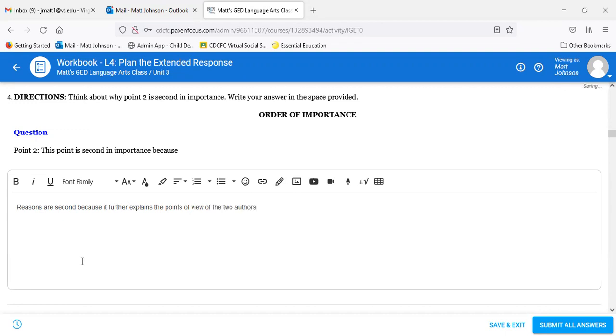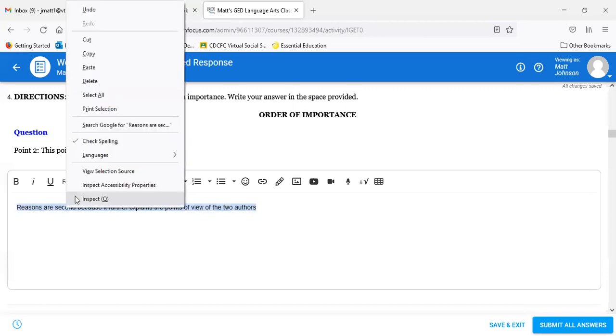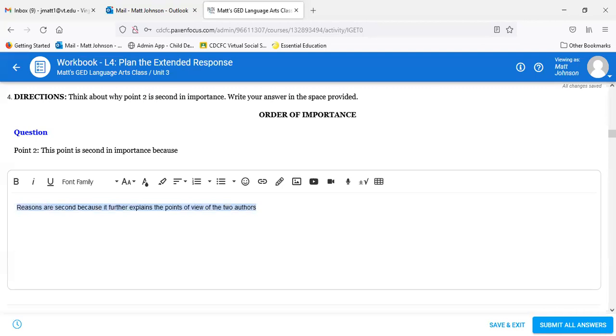And that's the other thing too. One may lead into the other. So that's something you want to think about as well. How does it flow together? Going from one point to the next, what makes sense? What's logical to put in that order? What makes a better flow? The reasons are second because it further explains the points of view of the two authors. Okay.